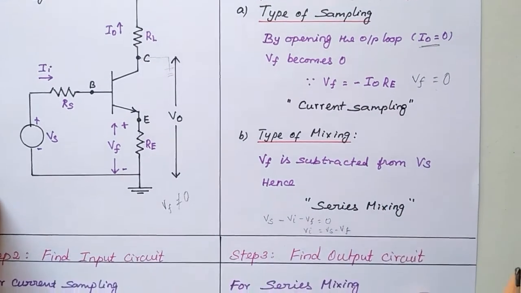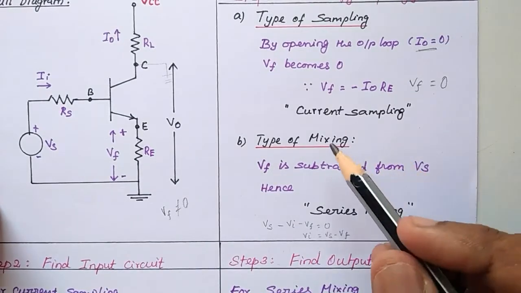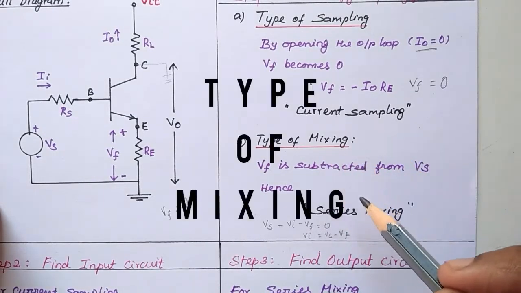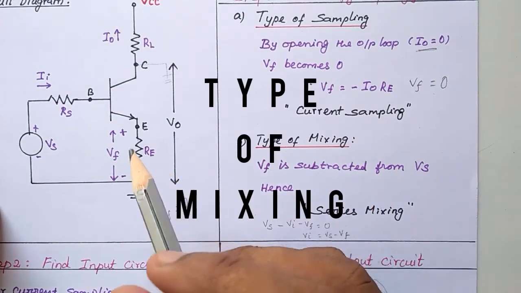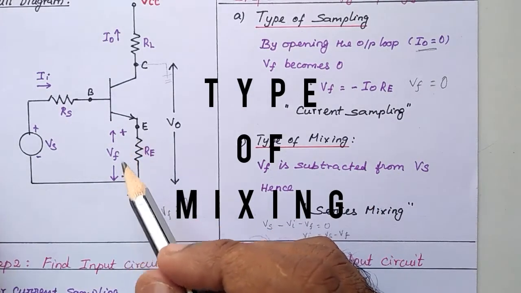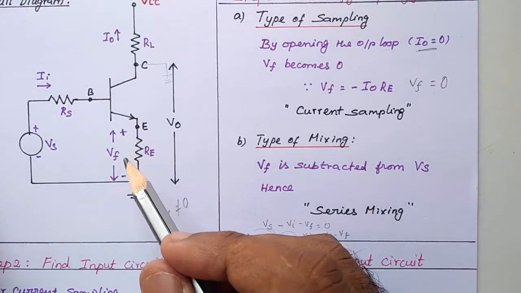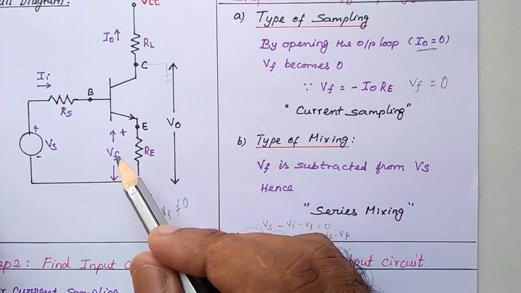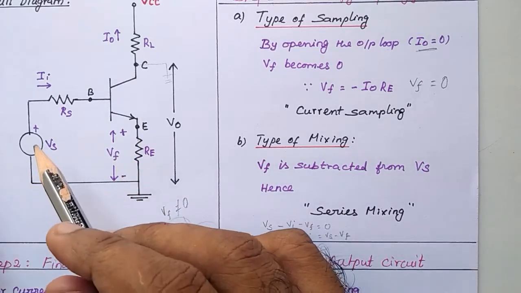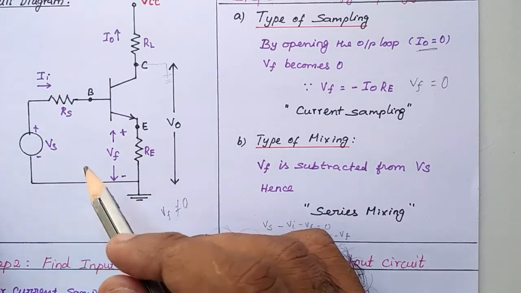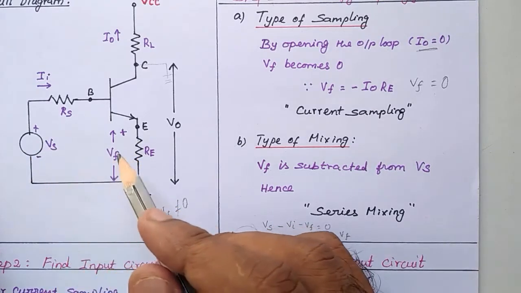The second thing I have to discuss is the type of mixing. What type of mixing happens here? See the diagram here. The potential difference is VF, the feedback voltage. This is connected in series with the source voltage, and both are in opposite polarity.